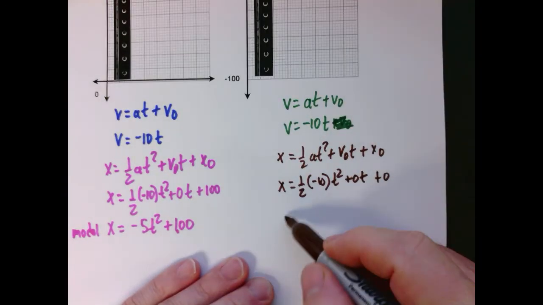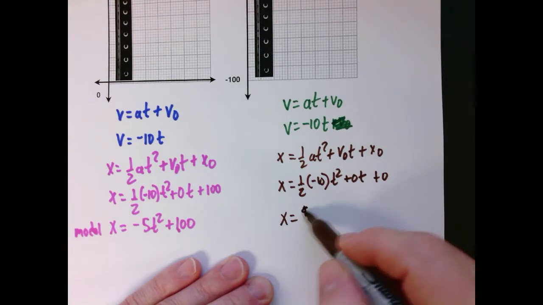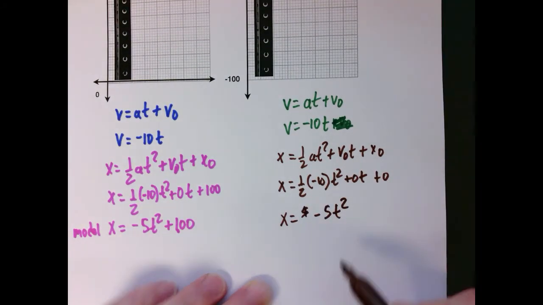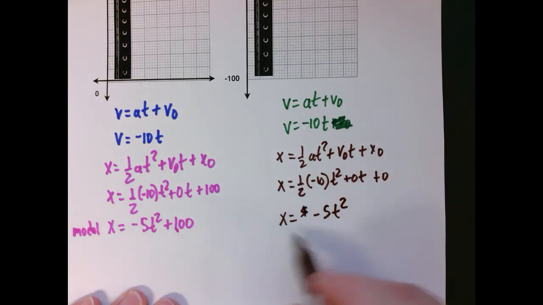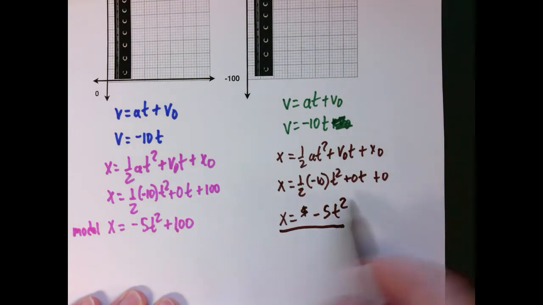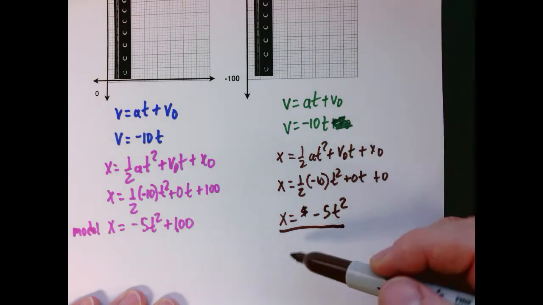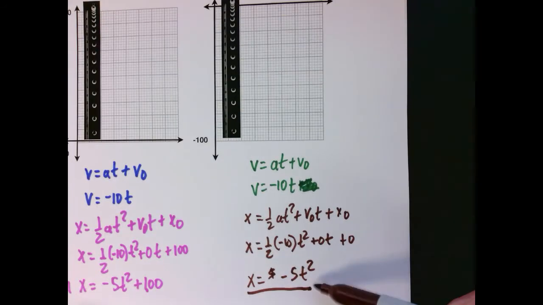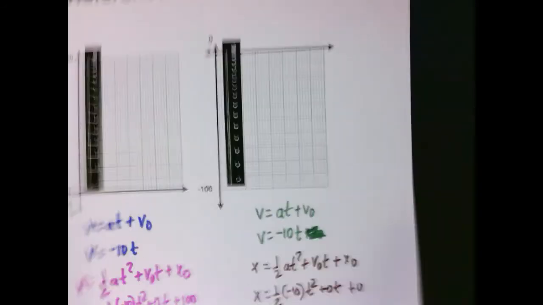So setting up the coordinate system this way yields negative 5t squared. If you notice, the model here is far simpler than the model here. The velocities are the same. So if all we're going to do is analyze the motion of this, we have a simpler equation in this particular case. So that can give us an advantage.